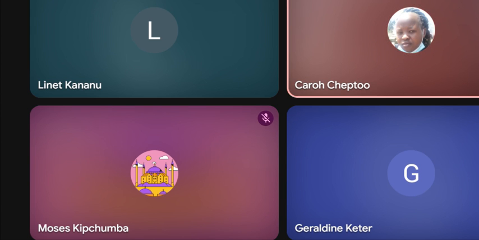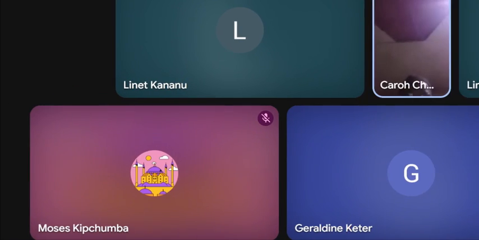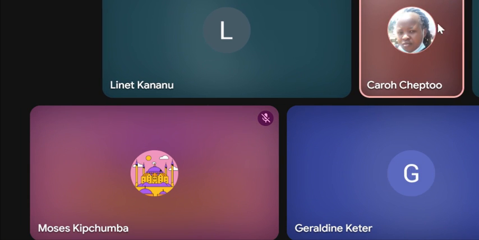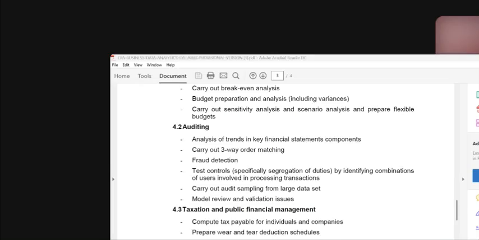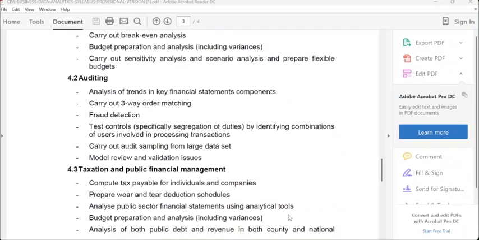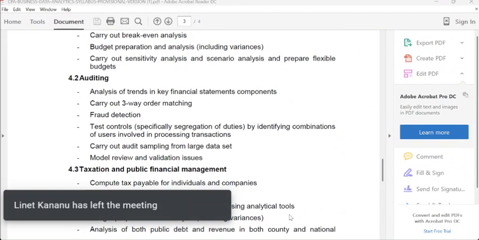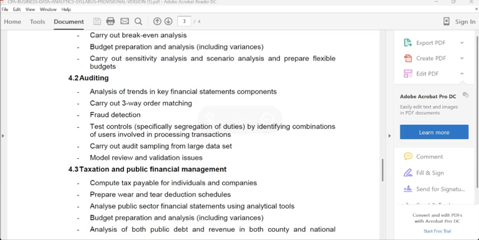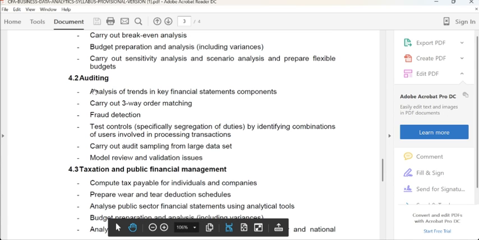Umefika exam room upate kitu inafanana na mwalimu aliwapea na hukufanya, is a real hassle. Allow me to introduce a very simple concept known as the three-order matching. Before then, I wanted to give you a glimpse of what is expected on audit.